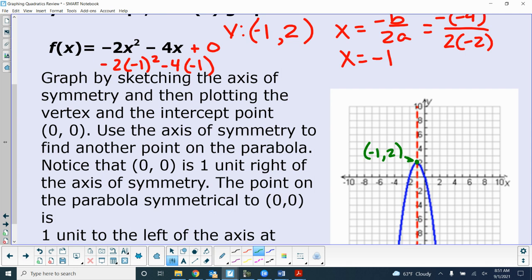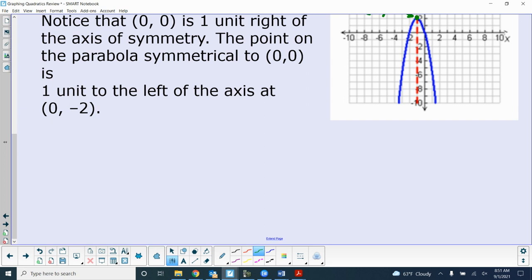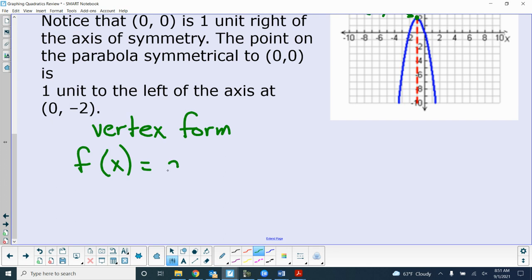Nolan? Is that process different if the equation is in a different form? Yeah. When it's in vertex form, then we can tell what the vertex is right away. Yeah, vertex form is this. F of x equals a times the quantity x minus h squared plus k.